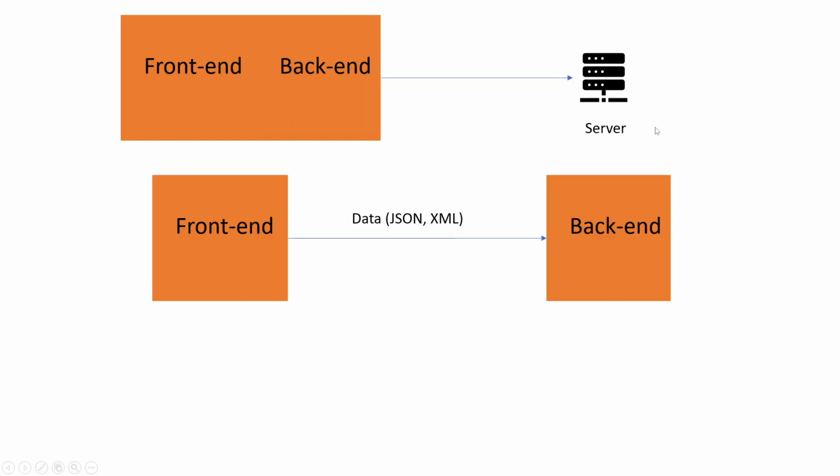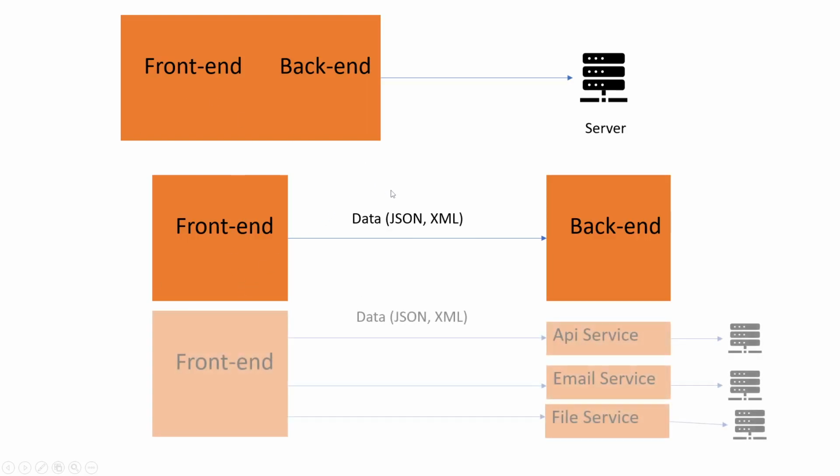Now this is way better, because if your backend crashes, your front end doesn't crash. And not only that. Based on the backend, you expose some endpoints, and we will see about this, through which you can send data to the frontend, and the frontend can be anything. It can be a website, a mobile app, a desktop application. All these applications can consume this data and display it on the screen.